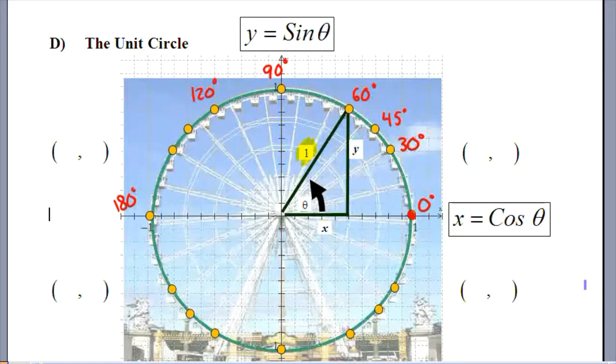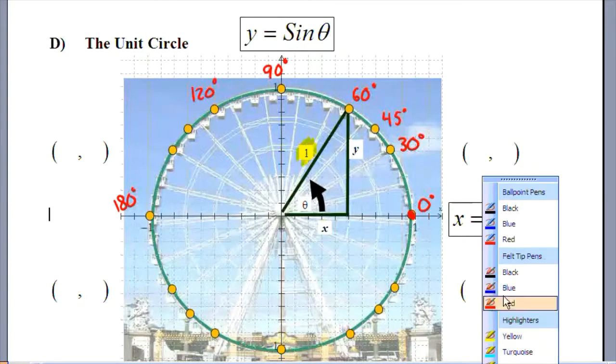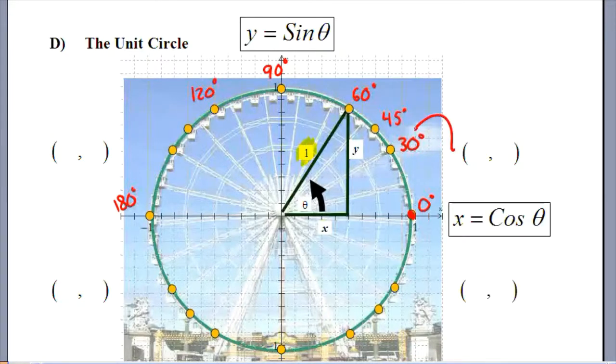So for example, at 30 degrees, if you were to go and examine this point right there, okay, I'll draw it in red, if you were to look at its x value and its y value at this moment, you could find the cosine and the sine for 30 degrees. And so the x value, it's around 0.86. It's actually an irrational number.